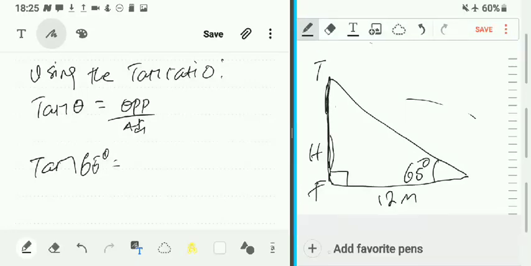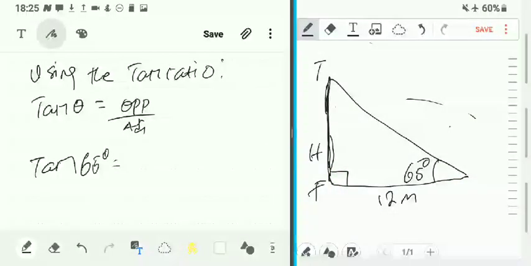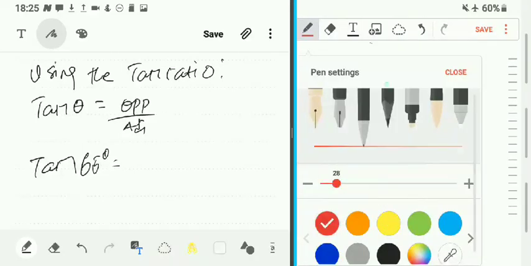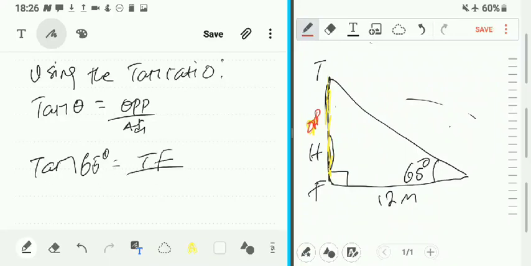Let me change. So this is the opposite. That's TF divided by the adjacent.